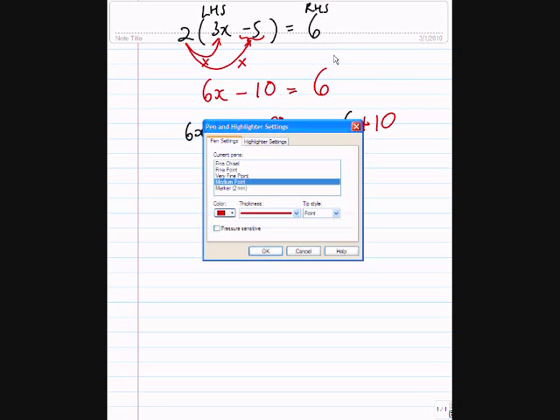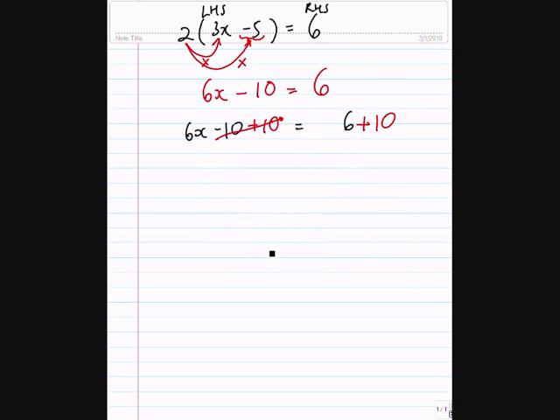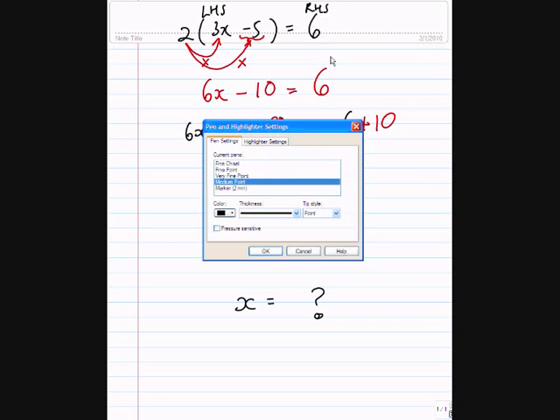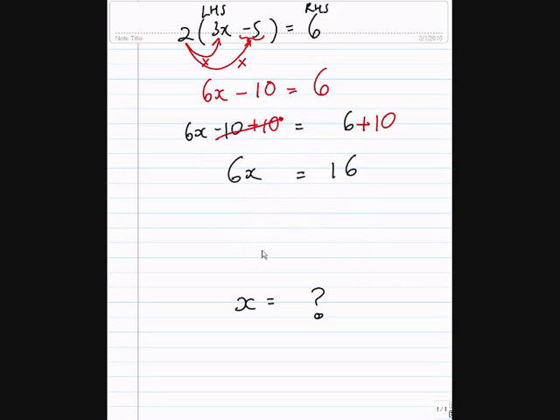So eventually the equation becomes, on the left hand side I'm left with 6x, on the right hand side I have 16. Alright, am I done? No, because our main objective is to find out what x is. I have 6x on the left hand side, and our objective is to make the left hand side become x. I need to divide by 6, and to make the equation balance, I need to divide by 6 on the right hand side also.